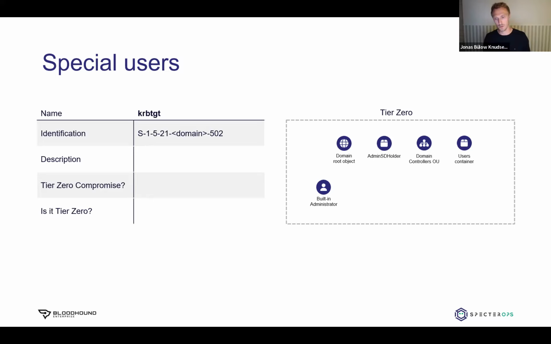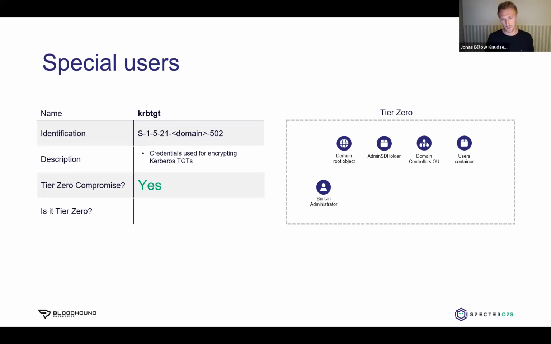So it will include the SID for your user and all the groups that you are a member of. Active Directory will encrypt this ticket with the password material of a special account in Active Directory, and that is this account here, KrbTGT.